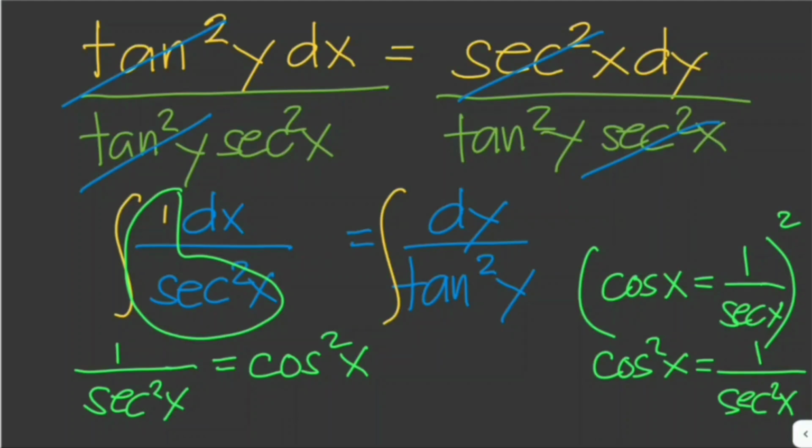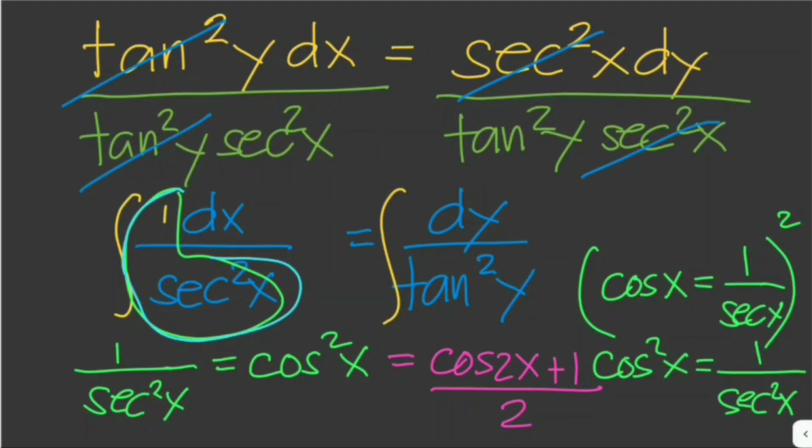Now using the double angle trigonometric identity, cosine squared x is just equal to cosine 2x plus 1 over 2. Therefore 1 over secant squared x here is just equivalent to cosine 2x plus 1 over 2, which is integrable.